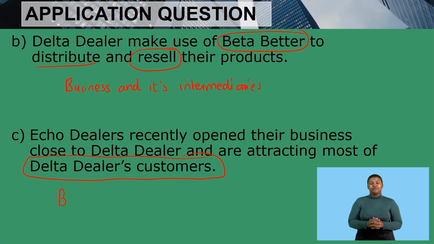So the relationship here will be between the business and its competitors. That is the relationship identified for statement C. So that is where we identified the relationships.